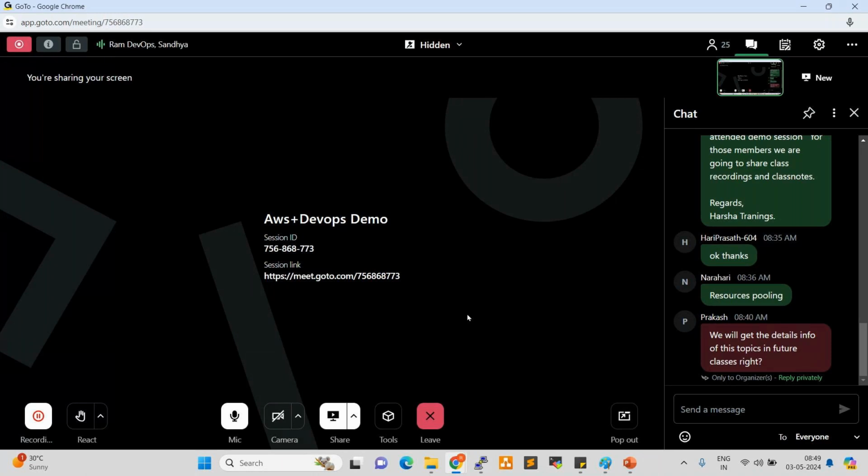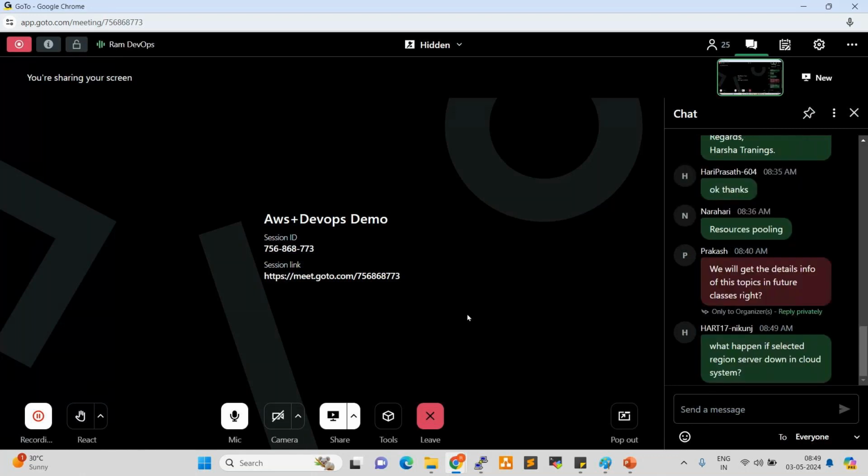In that, we can upload the data, download the data, and modify the data. That is reusability, right? We'll see that practically, so wait for a few sessions.